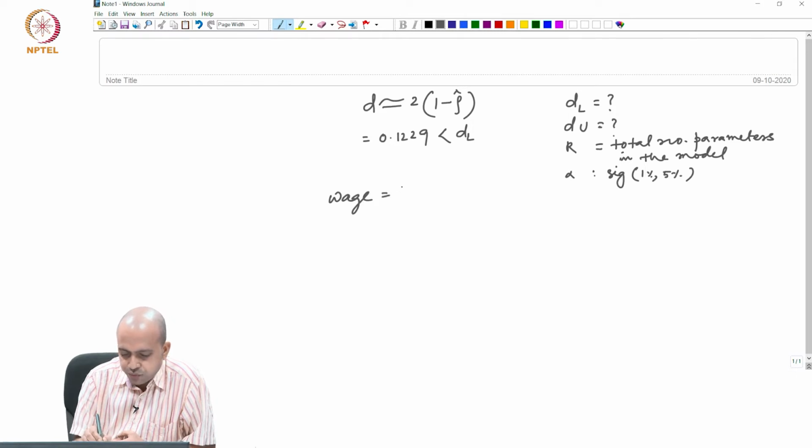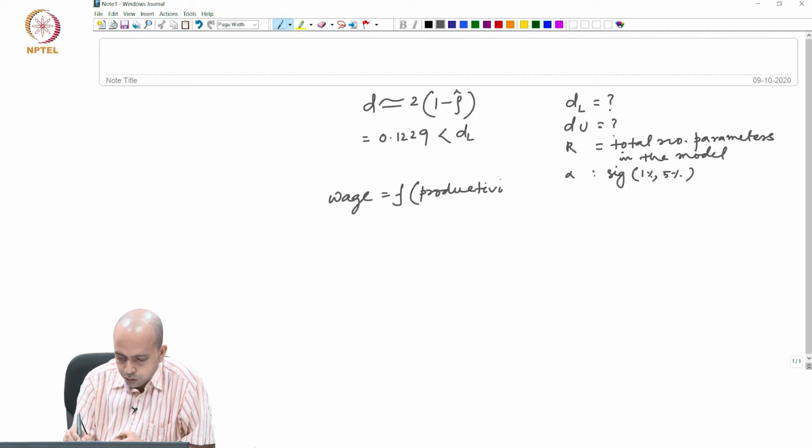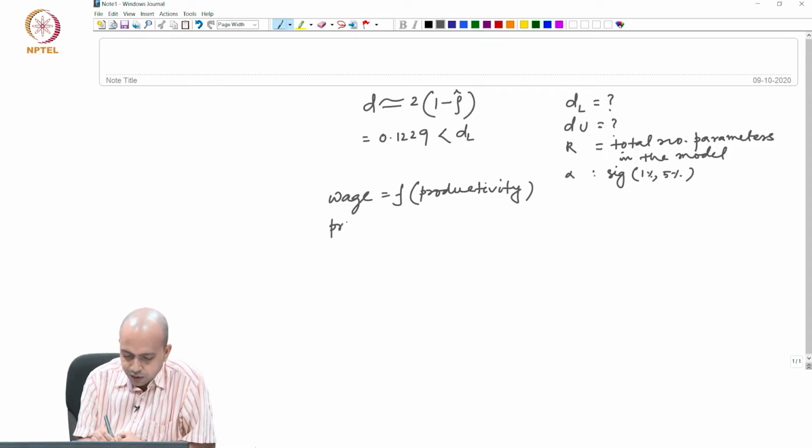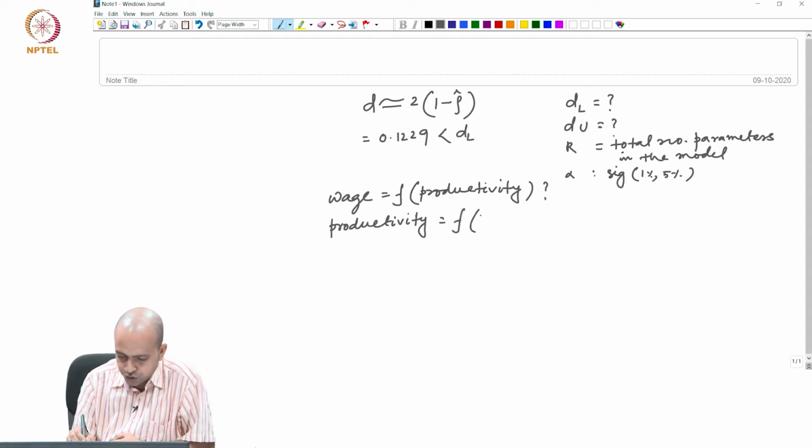Should wage be a function of productivity, or productivity a function of wage?